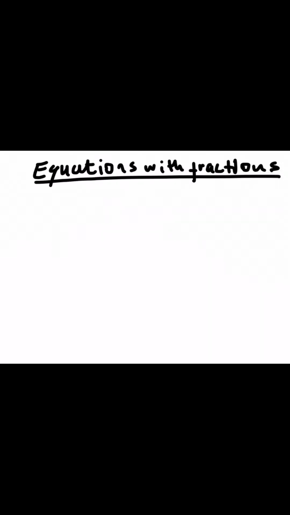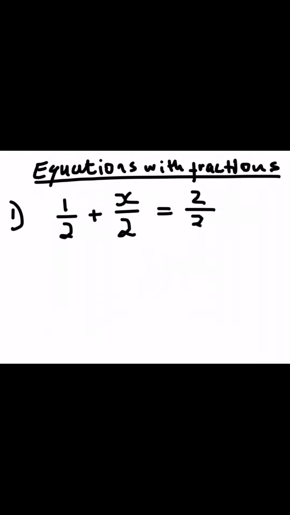So maybe without wasting much of our precious time, let me just write down this one: if you are given 1 over 2, added to x over 2, and this is equated to, maybe this time around, 2 over 3. Just have a look at this and ask yourself where you would start and how you would work it out.